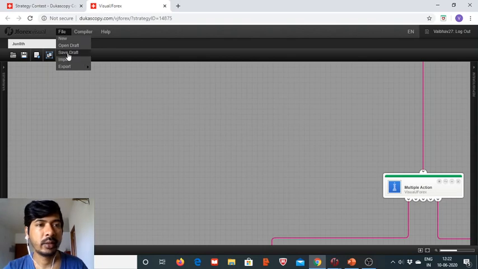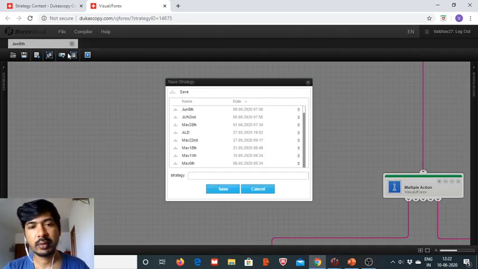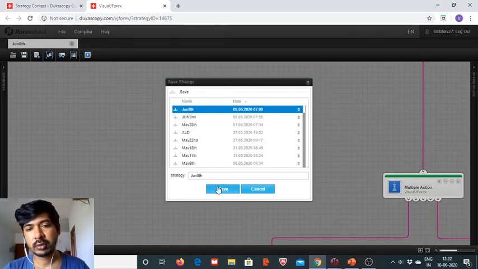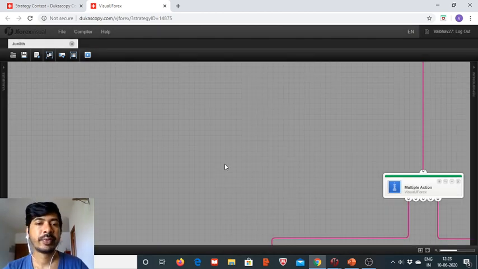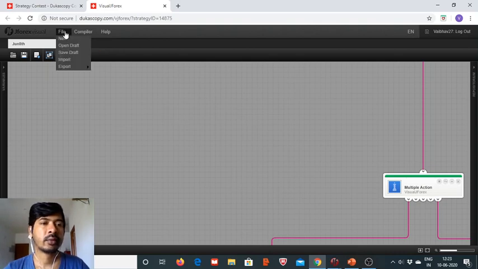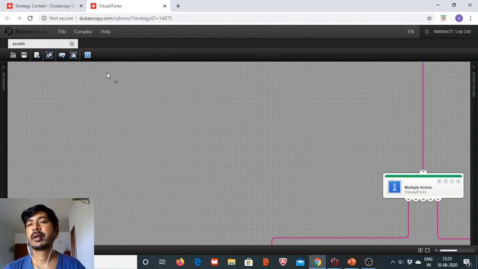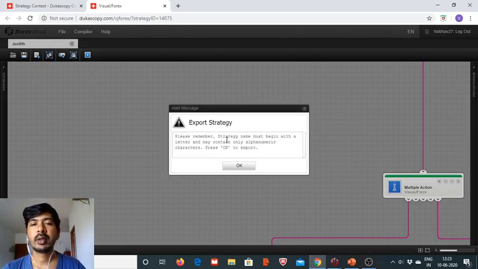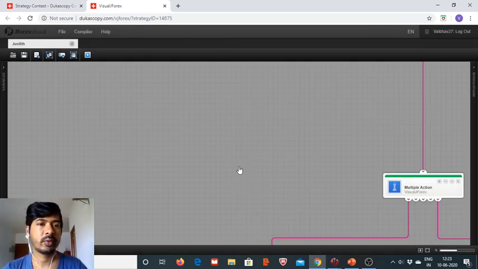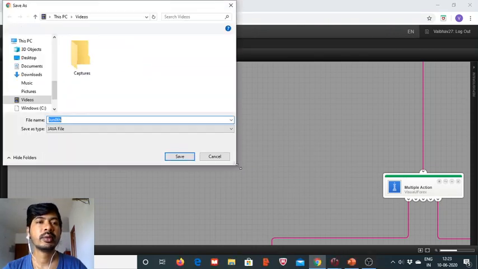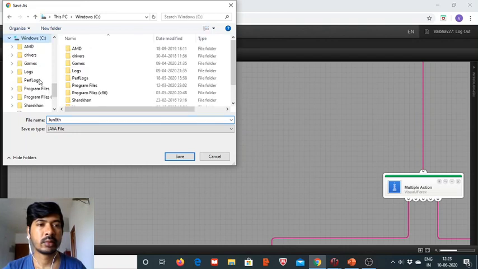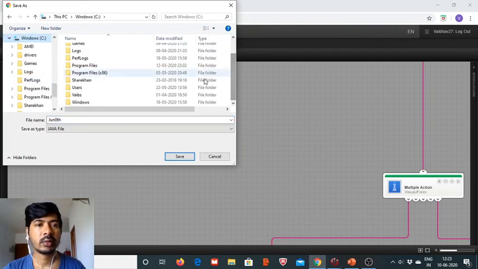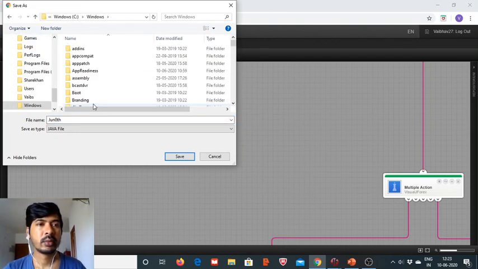Let's see. Let us first save the draft and then we will export it. Okay, file has been saved. Now we export it in Java format and then we will import it in our JForex platform.